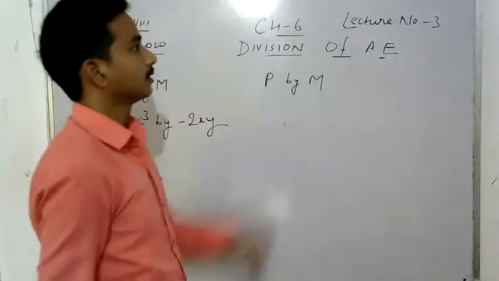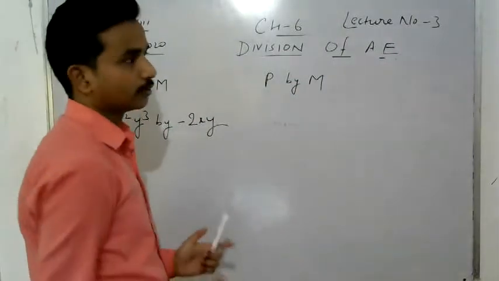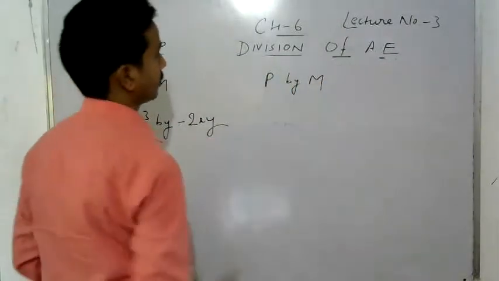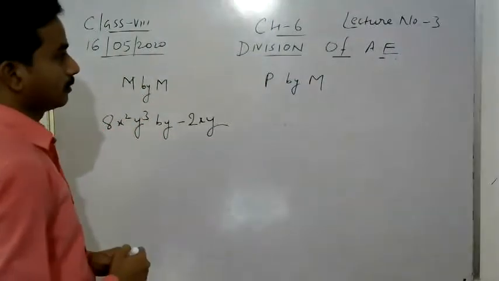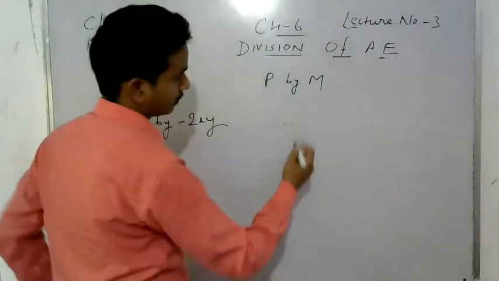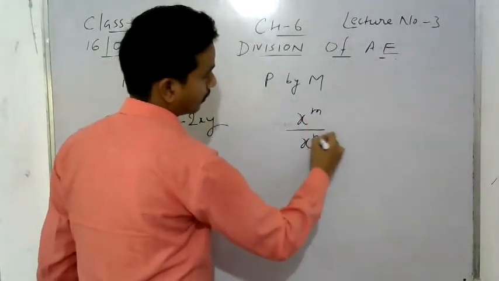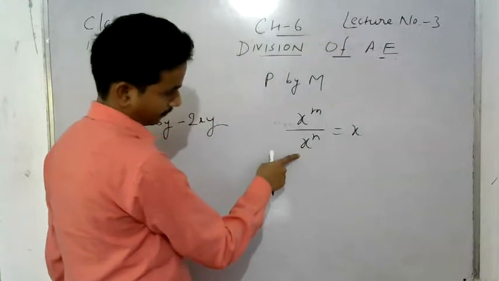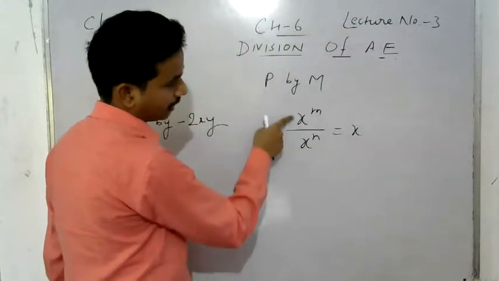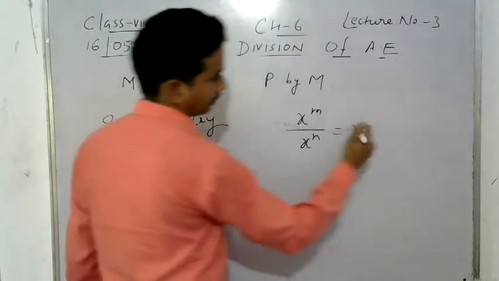This is our lecture number 3 of chapter 6, and today we are going to learn division of algebraic expression. First of all, you all know that there is a property: x to the power m divided by x to the power n is equal to x to the power m minus n. If the base is the same and the powers are different and these two are in division, then the power is subtracted.